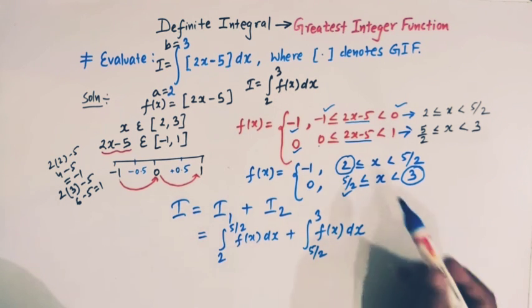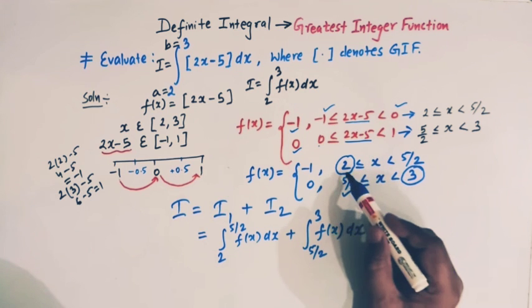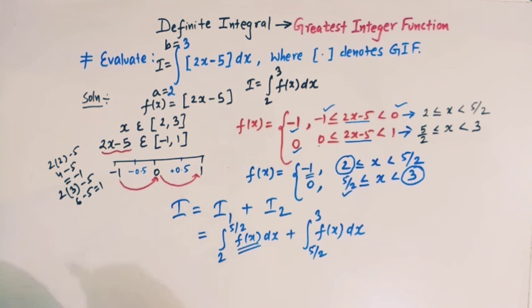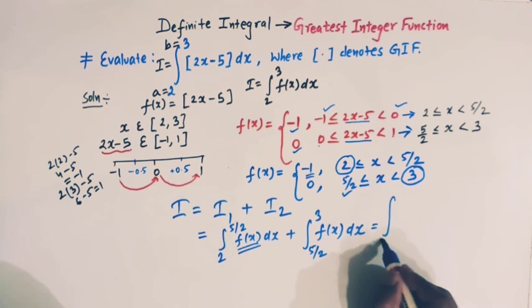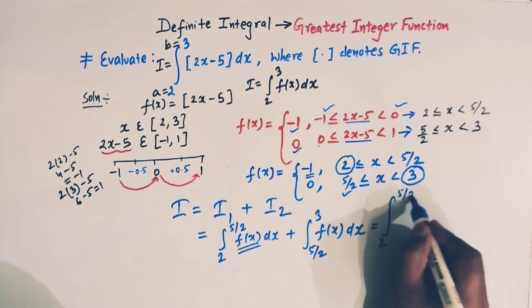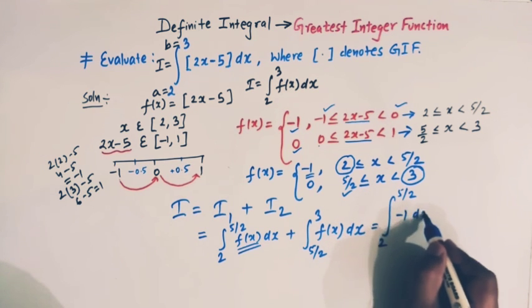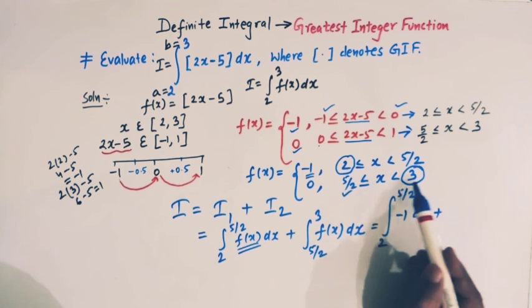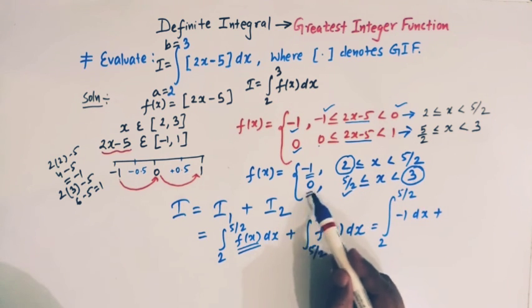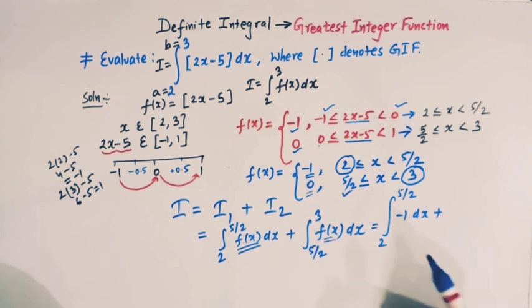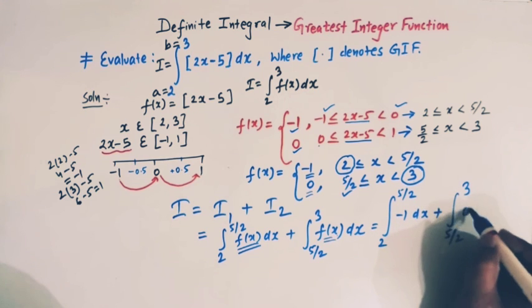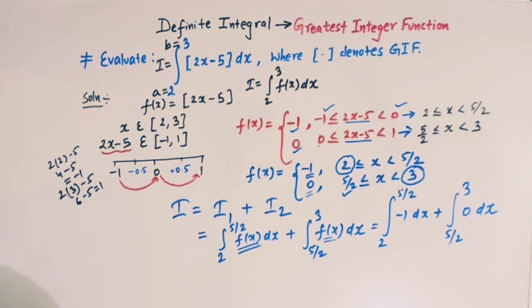Okay, so now when x lies between 2 and 5 by 2, the value of f of x is minus 1. So here we'll have the integral from 2 to 5 by 2 of minus 1 dx plus, and when x lies between 5 by 2 and 3, the value of f of x is 0. So here we have the integral from 5 by 2 to 3 of 0 dx, right?